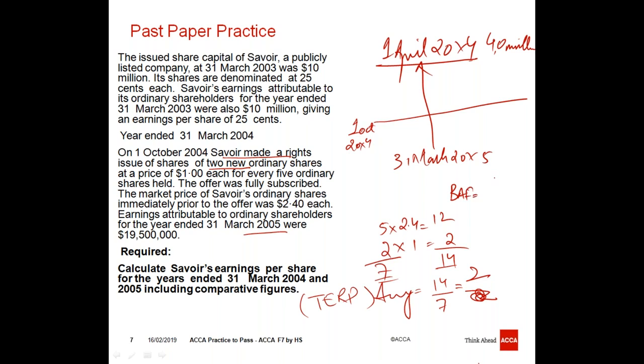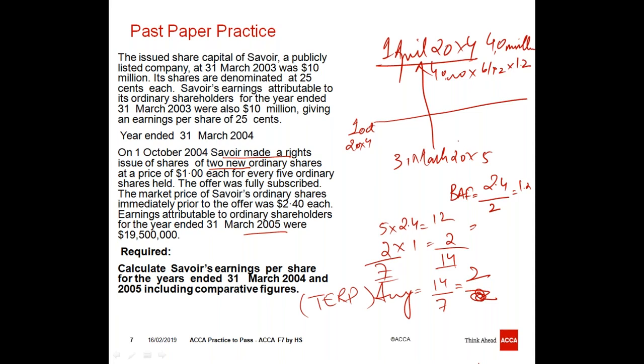And then we have to calculate the bonus adjustment factor. The bonus adjustment factor is the market value, which is 2.4, divided by 2. We got the value of 1.2 for the bonus adjustment factor. So for the first 6 months, we have 40 million shares into 6 months into the bonus adjustment factor of 1.2.